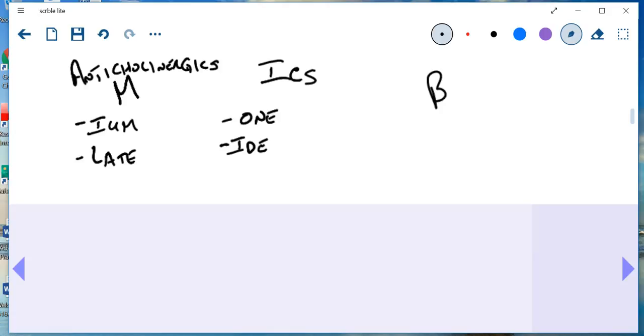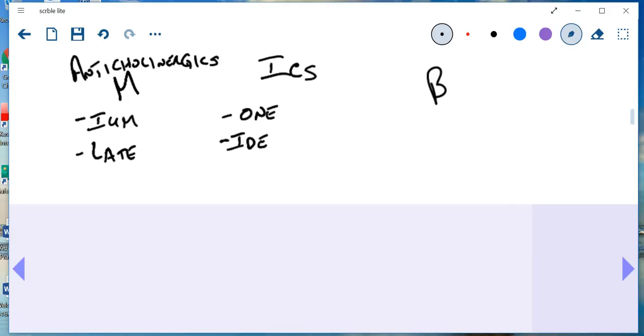So with our beta-2 agonists, again, I don't want to confuse you too much with cardiac, and I don't want you to, remember I talked about you don't give beta blockers in the setting of asthma. But one thing that makes it easy from a pharmacology standpoint is similar to the cardiac medications, they end in OL.